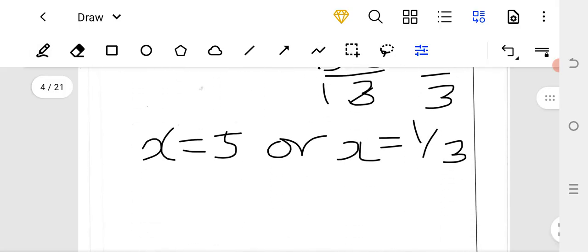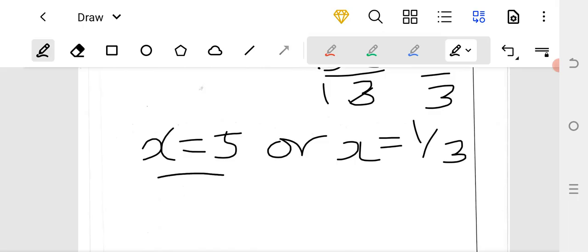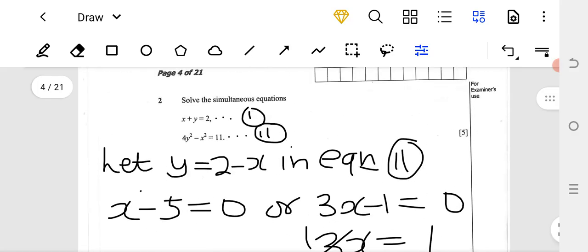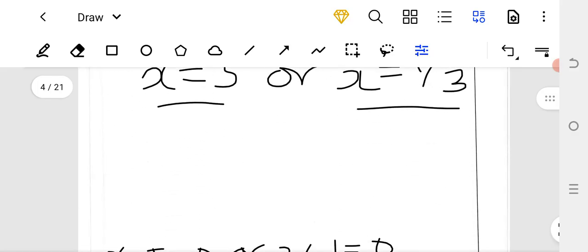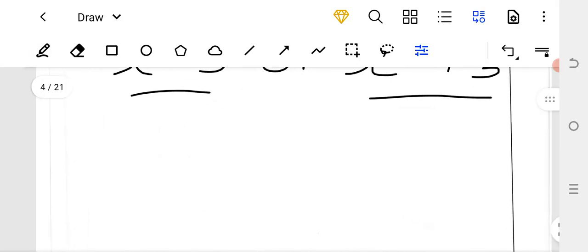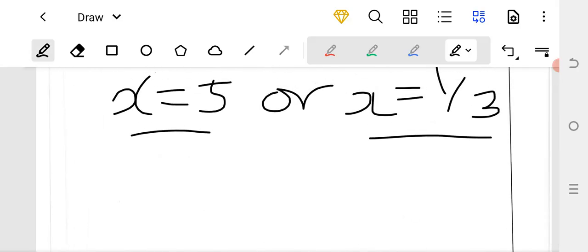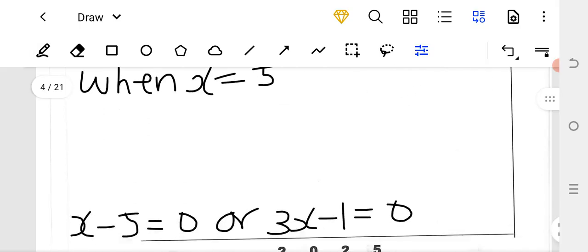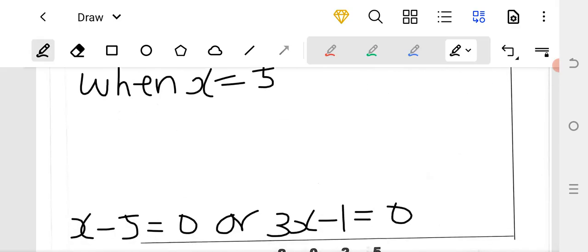After we find our x's like this, we now go to where we said let y be equal to 2 minus x. So we are going to say when x is equal to 5, y is equal to 2 minus x.